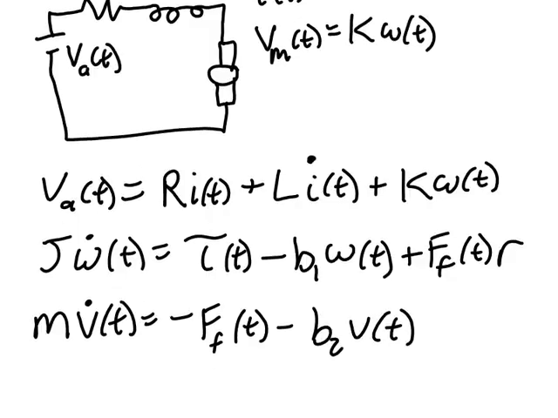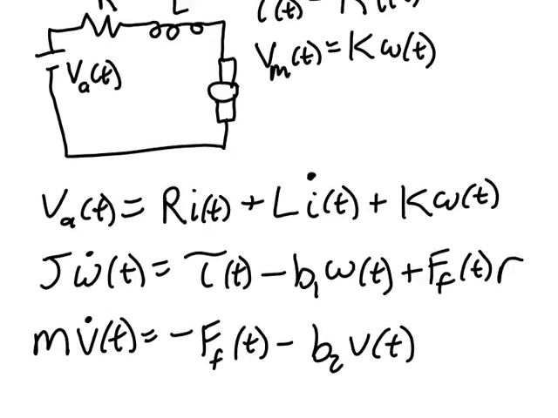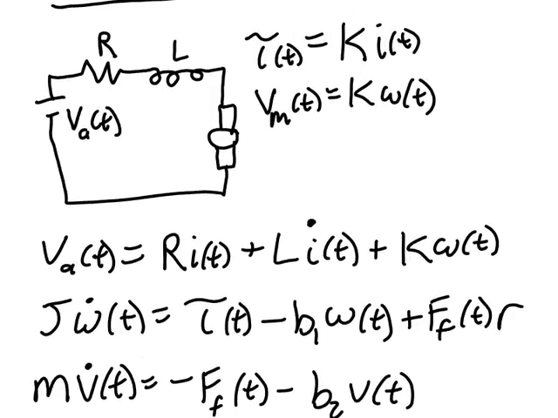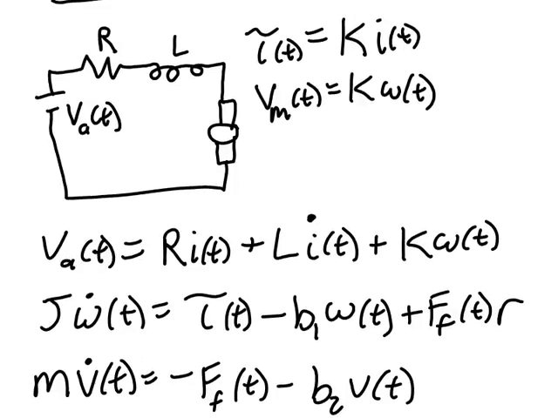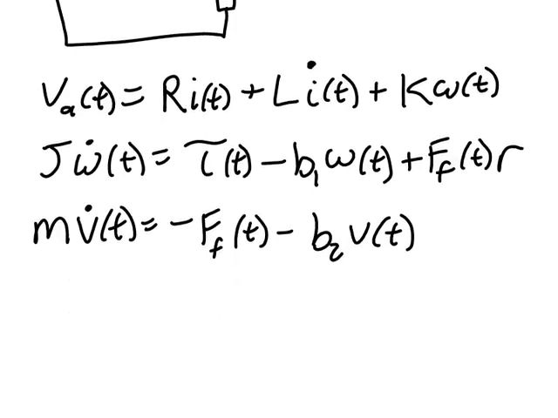In addition to these three equations and the two motor equations, which we've written up top, one other equation is that the wheels are not slipping. Since the wheels do not slip, we know that the velocity of the car is equal to the radius of the wheels times however fast the wheels are spinning.